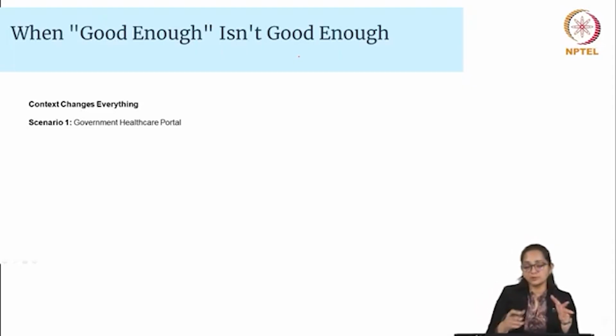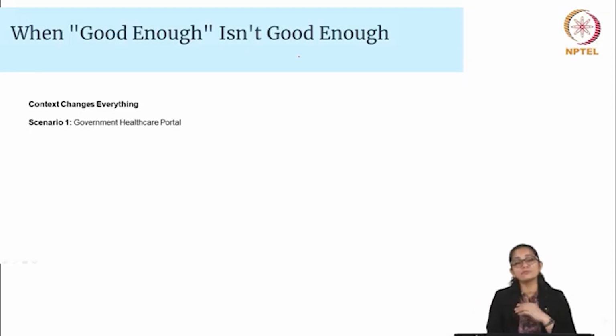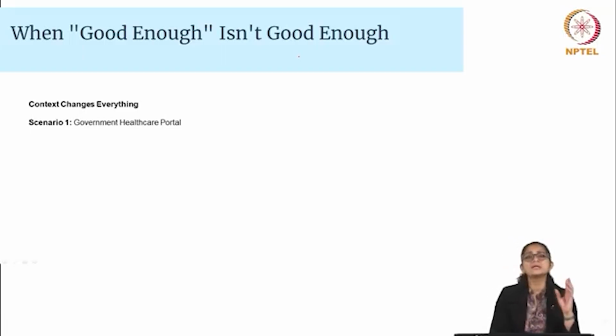We have already seen in the previous slide that there is a time and cost investment, which may increase if we want to go beyond AA compliance. So in case of a government healthcare portal, what kind of context are we serving? We have to keep that in mind when we are thinking.